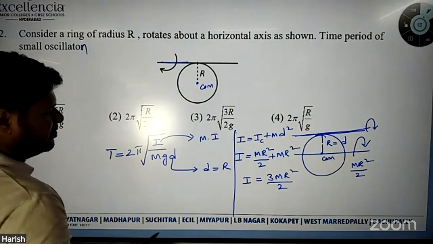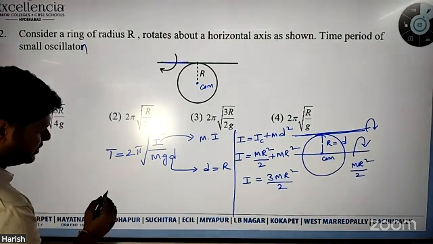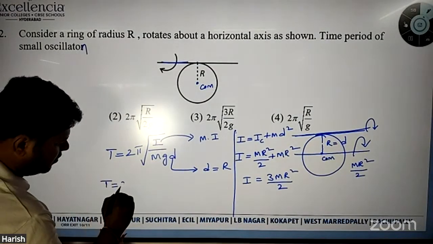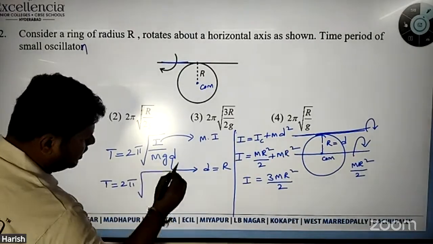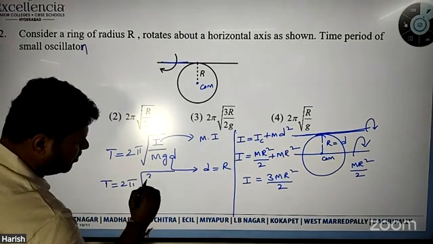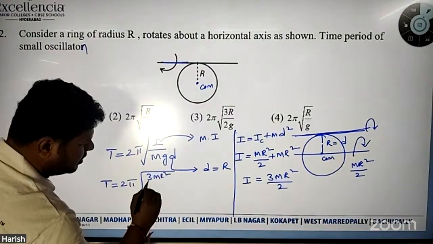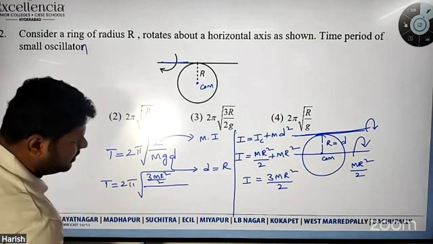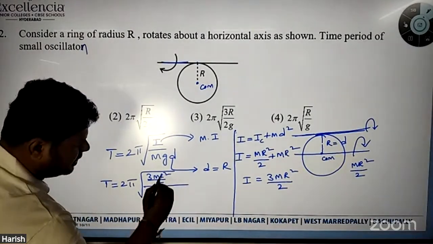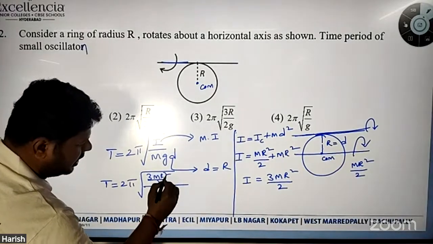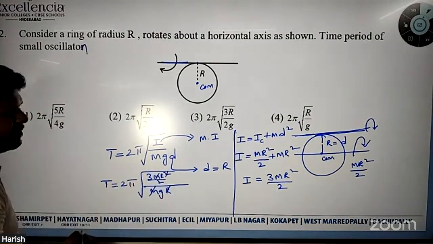Now plug in all the values here and simplify to get the answer. So T is equal to 2 pi under root of the moment of inertia we got, 3 mr square by 2, divided by m g and the distance, which is r. So r gets cancelled, m also gets cancelled.